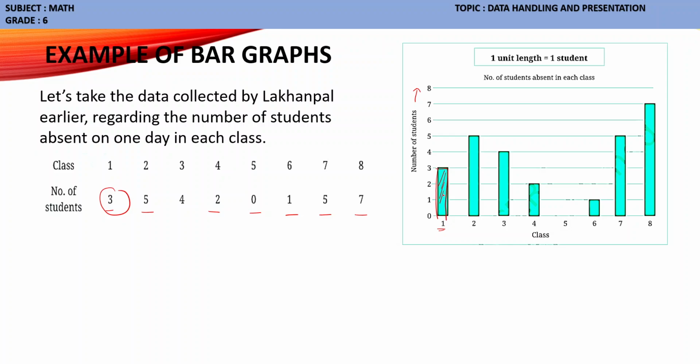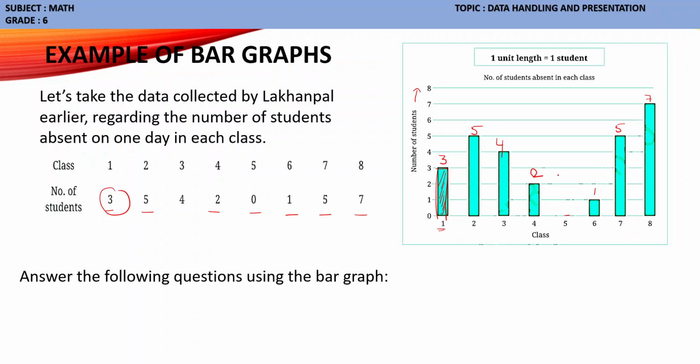So, in grade 1, 3 members were absent. Grade 2, 5. Grade 3, 4. Grade 4, 2. Grade 5, 0. So, we are not drawing any bar here. Grade 6, 1. Grade 7, 5 members. Grade 8, 7 members.